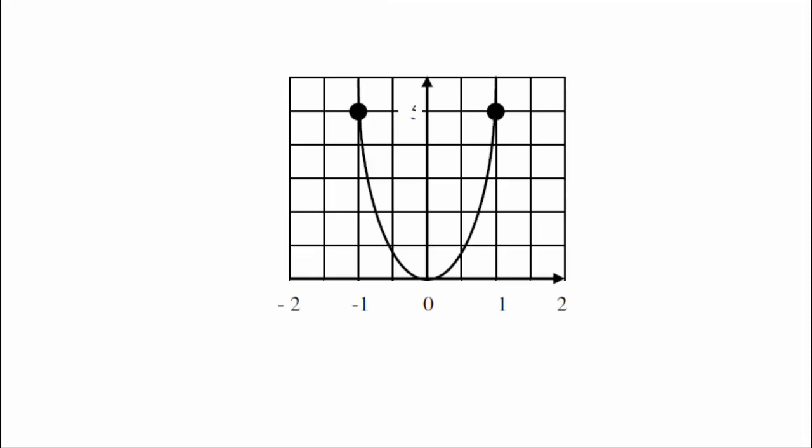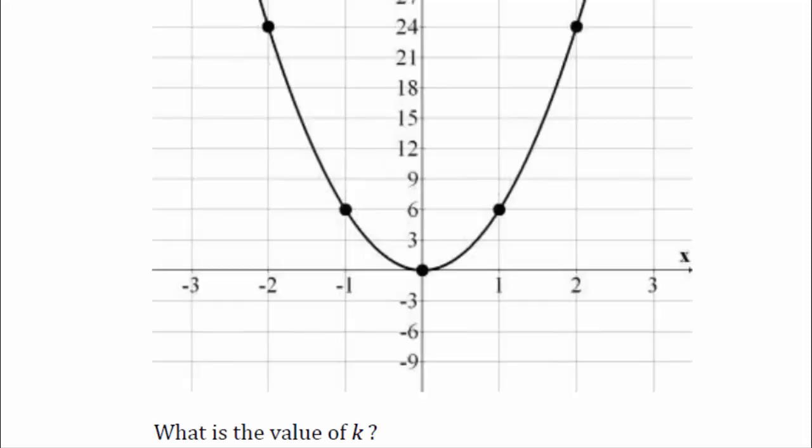I think there's just one more. Let's try this one. Again, they've given you a few points. I'm just going to go for the ones that are positive because it's a bit simpler that way. Here are the coordinates, that's your x and y, and then y equals kx squared.